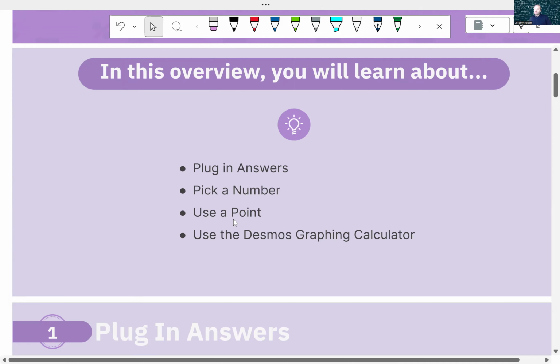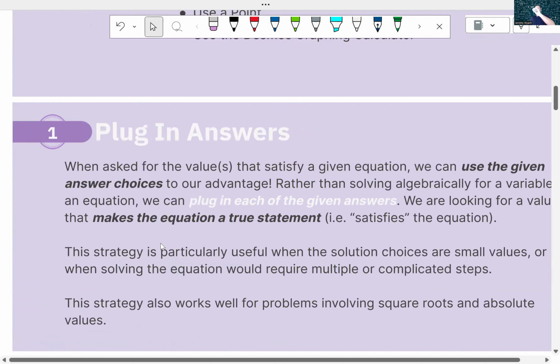So you can use a random point, and you can plug that in to see if that fits the answer. And then finally, using the Desmos graphing calculator. That's going to be your best tool whenever we have graphing problems or even table data that we can look at.